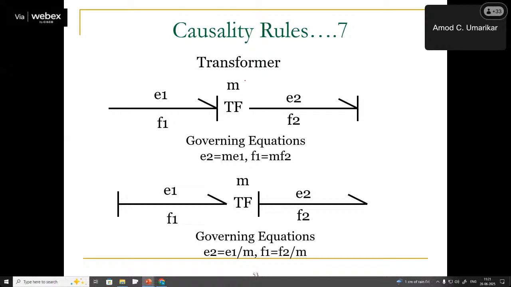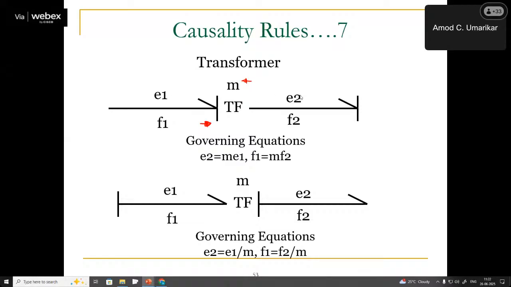Yes, sir. First you see from here from effort point of view, then you see from here from flow point of view. So when you see from this side, how will it look? Flow source, correct? So F1 = M F2, and if you see from this side, which I am showing with the arrow, it's an effort source.